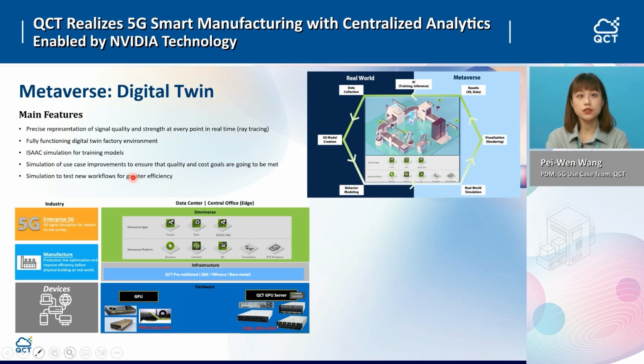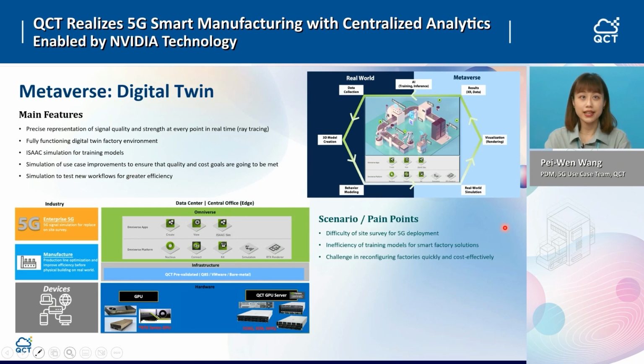And then, simulation to test new workflows for greater efficiencies. And the use cases can address customer pain points like the difficulty of site surveys for 5G deployment, the inefficiency of training models for smart manufacturing solutions, and the challenge of reconfiguring factories quickly and cost effectively.